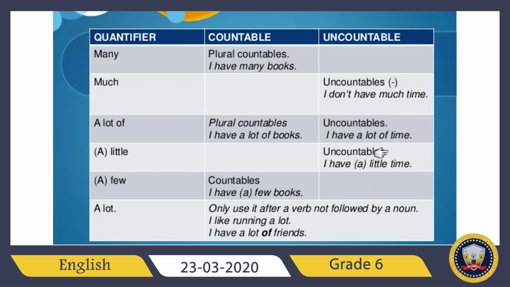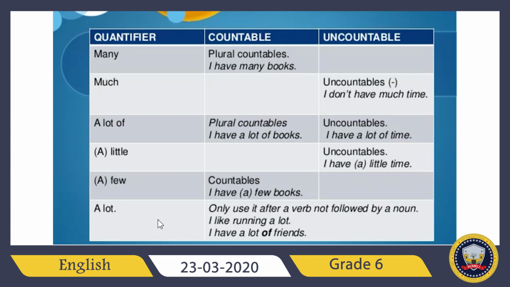A lot of is used for both of them. As you see here, I have a lot of books, I have a lot of time. A little or little is used for uncountable. I have a little time, I have little time. A few or few for countables, as in the example here, I have a few books.